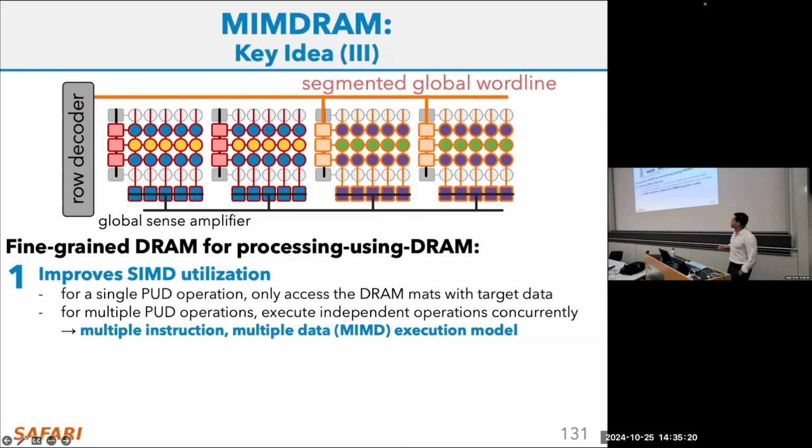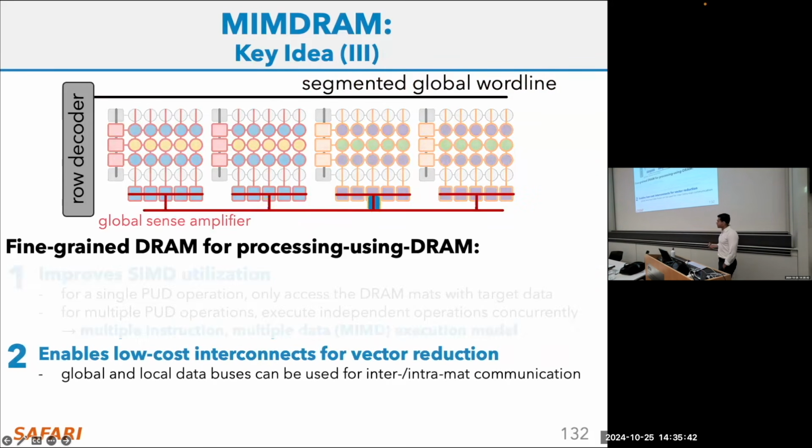So now, instead of looking at this substrate only as a single instruction, multiple data engine, I can look at it as a multiple instruction, multiple data engine, because I have multiple instructions operating across different DRAM mats, and at the same time operating over multiple data stored across the different DRAM columns. The second thing that this allows is us to do reduction.